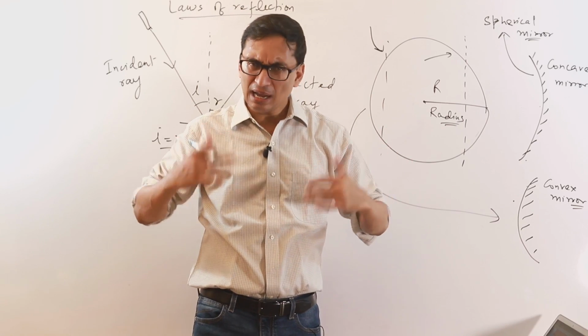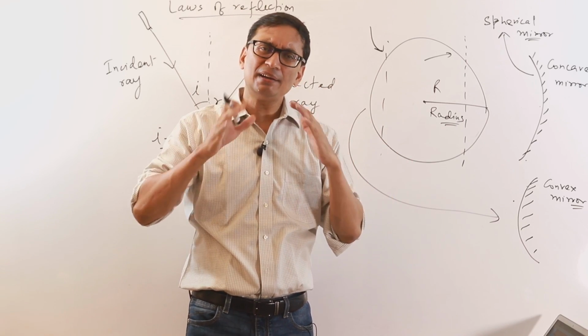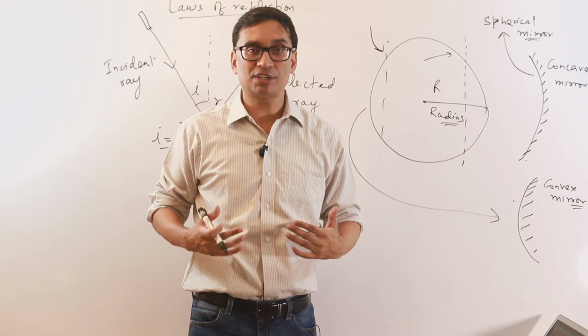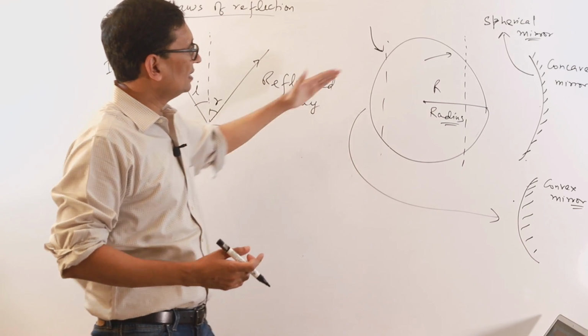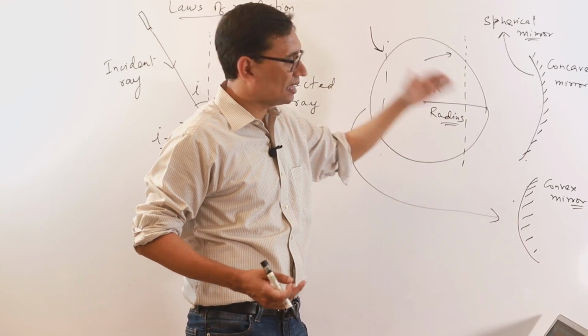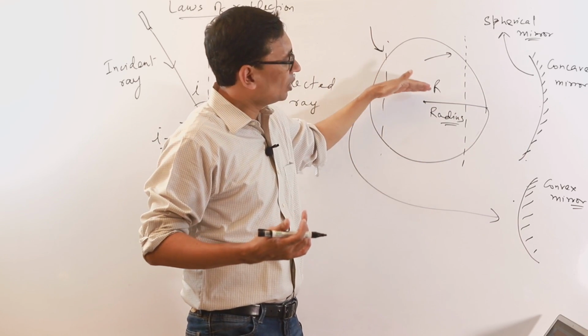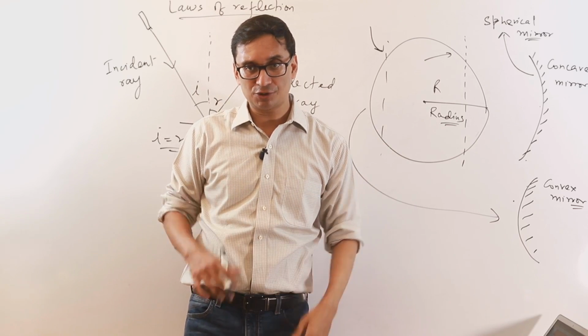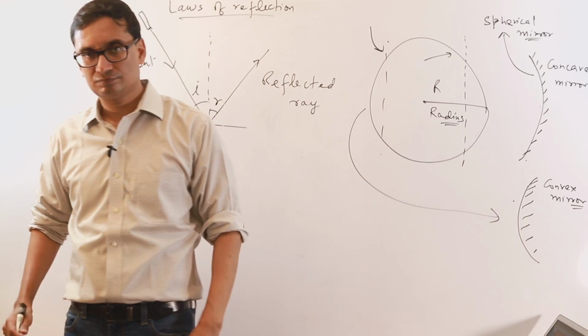No, I'm telling you, you have to understand and write it in your own words, so that next time when you read, it'll be very easy to understand. Okay, so write about the laws of reflection, and then draw a sphere, and then write a spherical mirror, and then write in your own words what is the radius of curvature. Okay, so I'll give you 1 or 2 minutes, do this, and then after that I will resume.